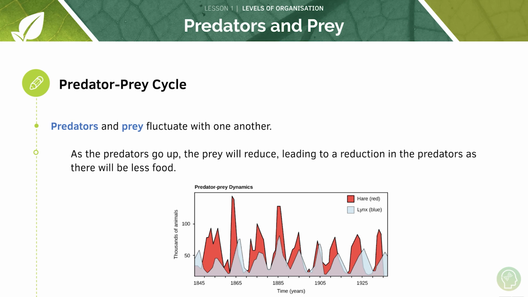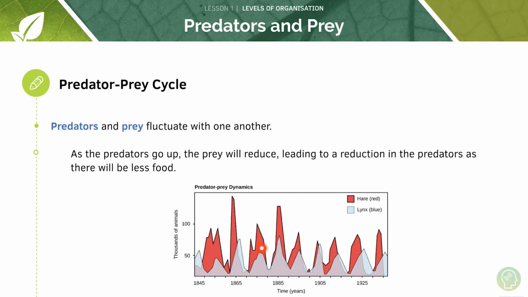I'll just explain that a little bit slower. When our numbers of hare are higher, our numbers of lynx are lower. Then as the hare start to come down, that's because the lynx are eating the hare, so we get a rise in the number of lynx. And then as that occurs, we get a drop in the hare.